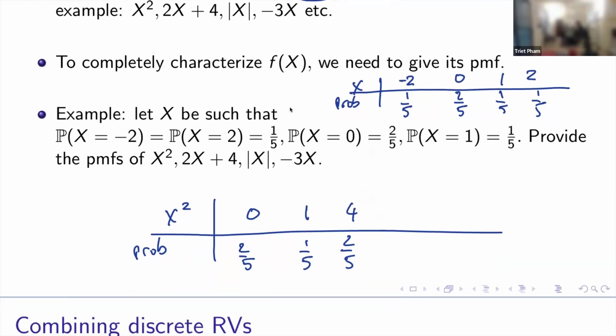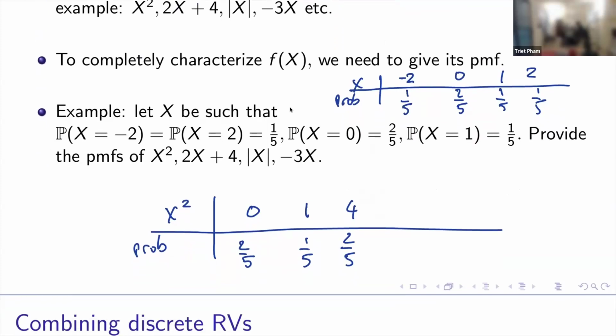So similarly, for example, absolute value of x will take on what kind of value? 0, 1, and 2. And the probabilities.